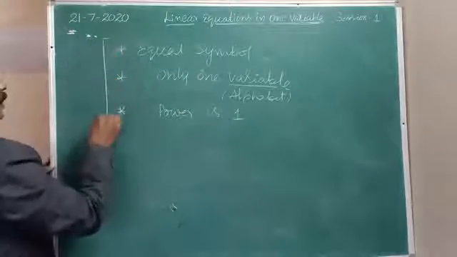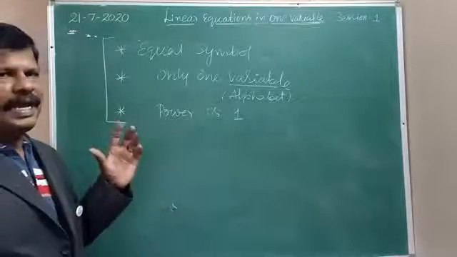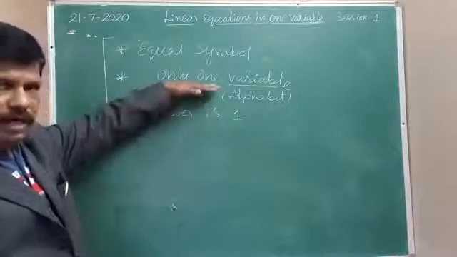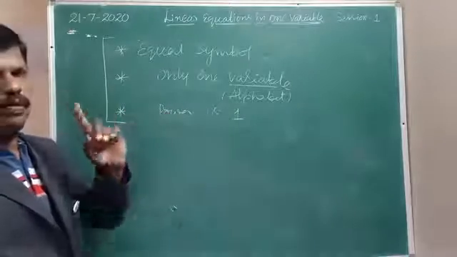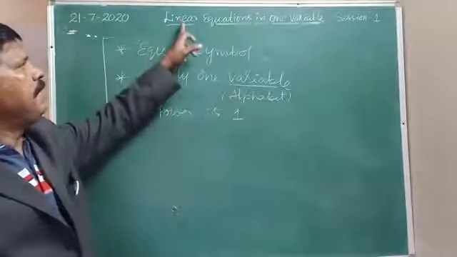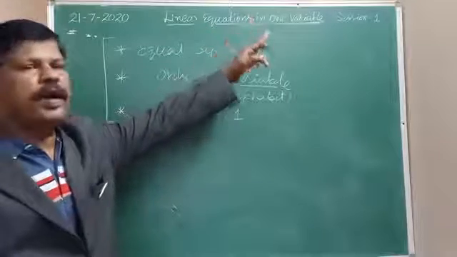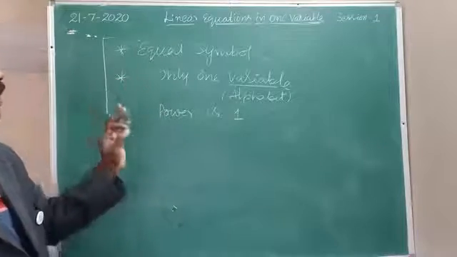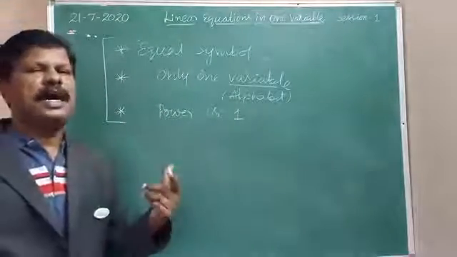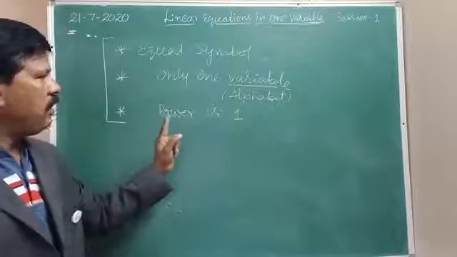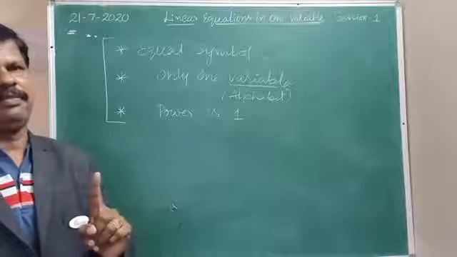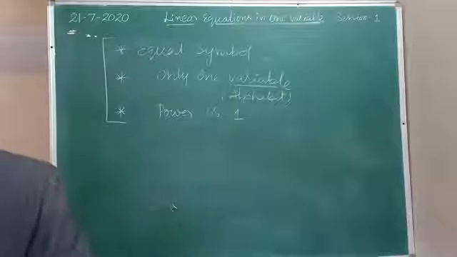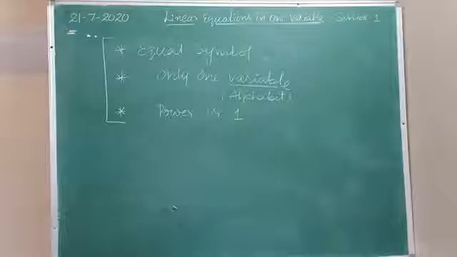If it satisfies these three, an algebraic expression having an equal symbol, only one variable, and its power is 1, it is called a linear equation in one variable. Clear? Linear equation in one variable means an algebraic expression having an equal sign and only one variable with power 1. Understood? So, this is the meaning of a linear equation in one variable.